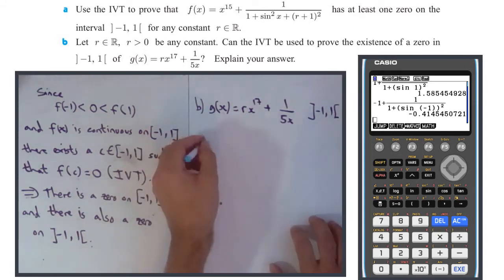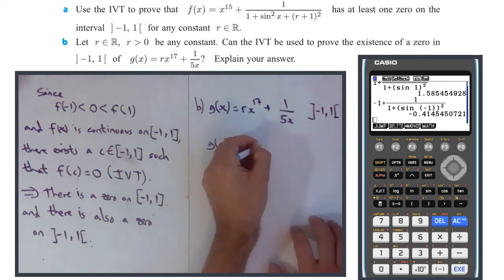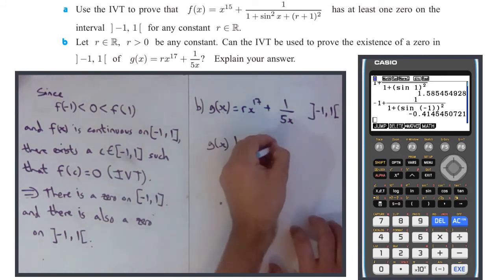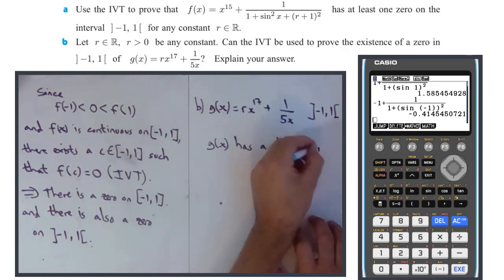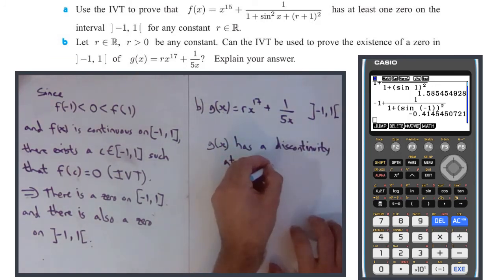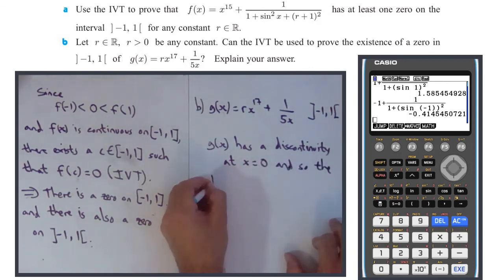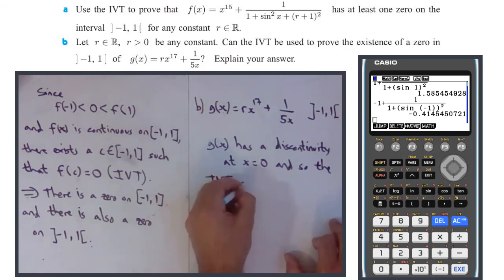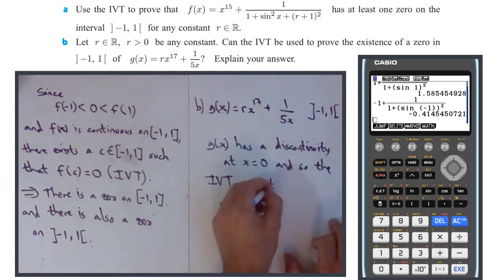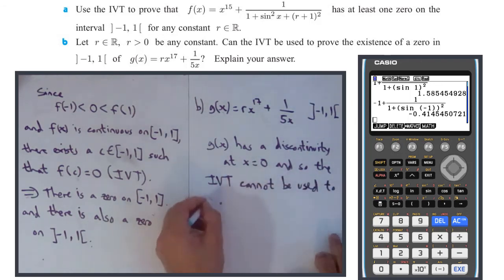So g of x has a discontinuity at x equals 0, and so the IVT cannot be used to find a 0 in the interval.